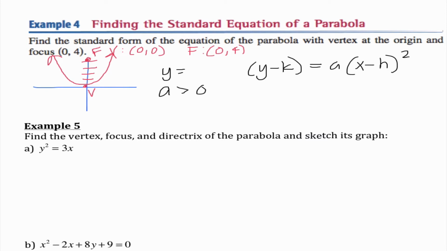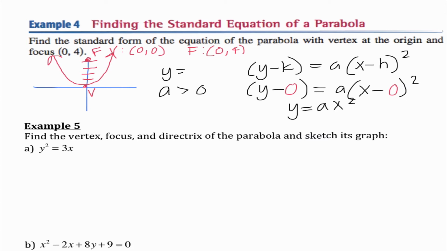So it tells us that the vertex is at the origin, so I'm going to go ahead and put in y minus 0 equals a times x minus 0 squared. So I really get y equals a x squared.